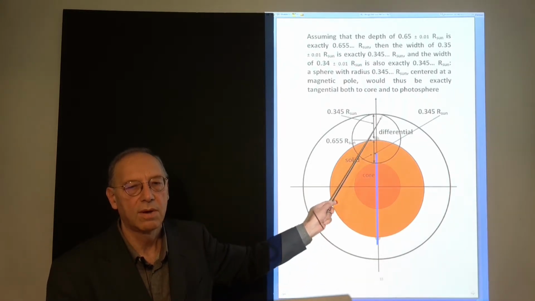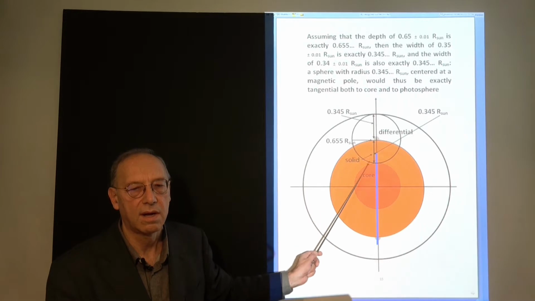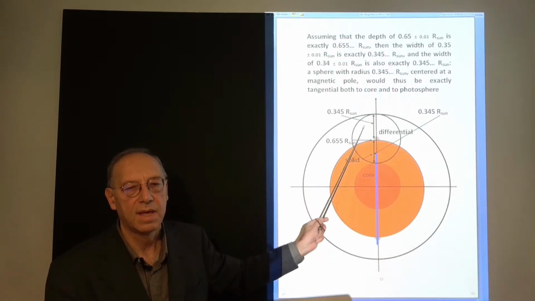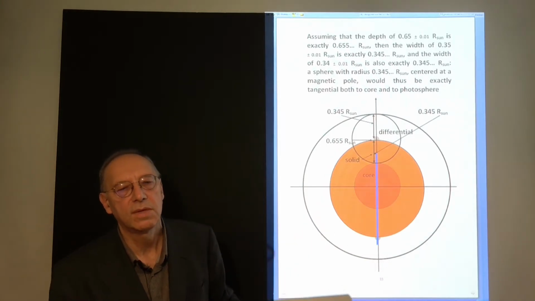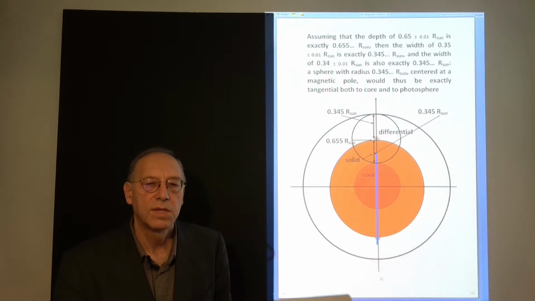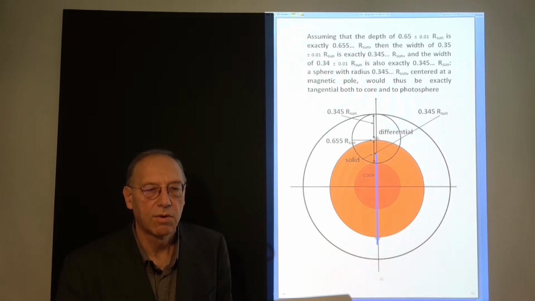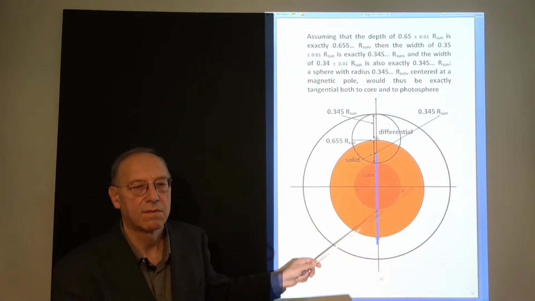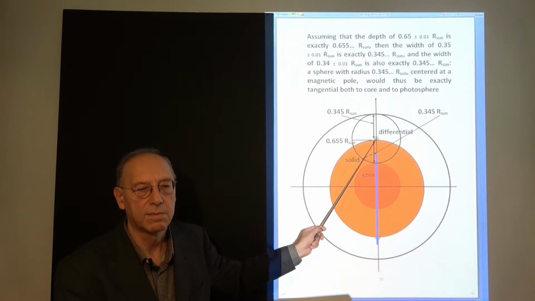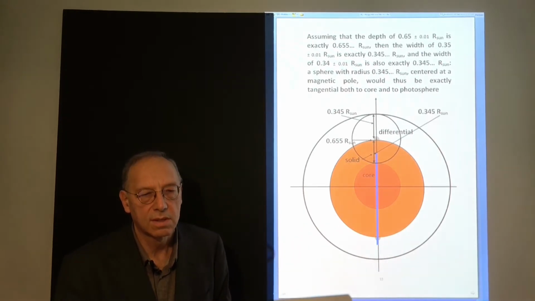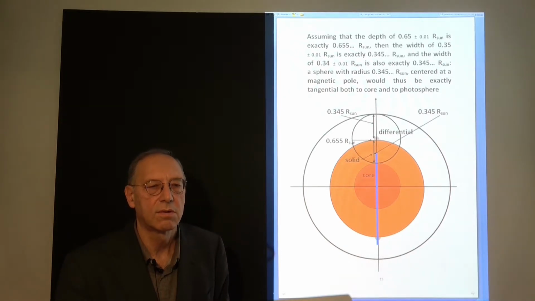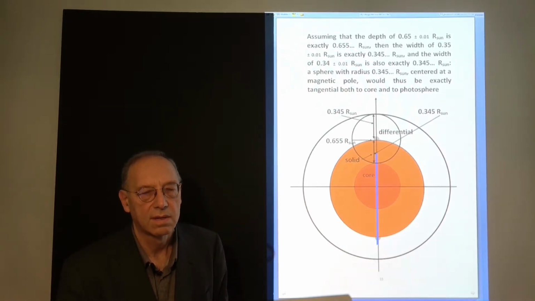So this allows us to have an outer ball of a radius of 0.345 times the radius of the Sun, which will fit exactly between the core and the photosphere, and which will be centered exactly at the boundary between the solid rotation and the differential rotation shells.